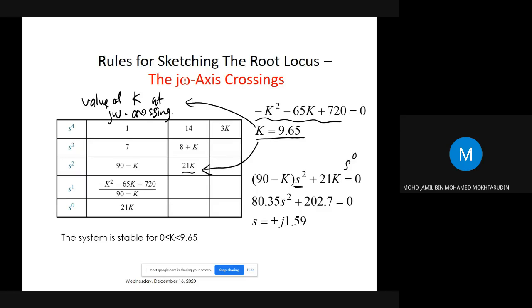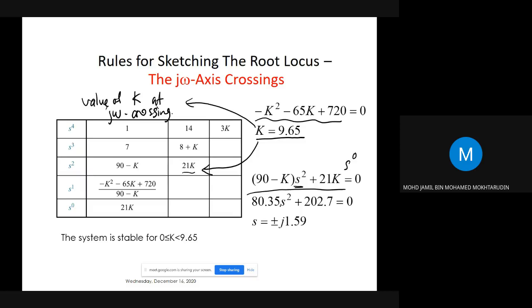Just follow this. The theory of why we have to use S is in the book, or you can check on wiki, but for the sake of keeping it short so we don't have to explain the theory in detail, it's just like this. Use row S1, find the value of k. After that, take the value of k and use it on row S2. Take the first column times S squared plus the second column times S to the power of 0.